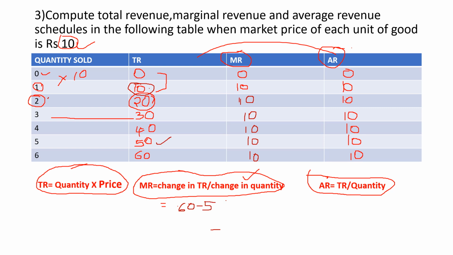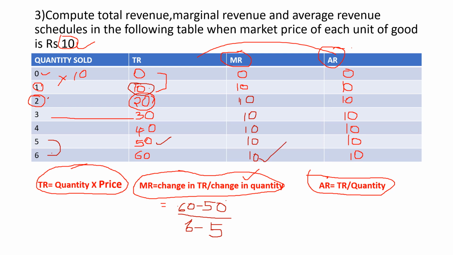Right? So 60 minus 50, divided by change in quantity. How much is the quantity? Now it is 6 in this column, and before that it was 5. 6 minus 5. If you calculate this also, you are going to get 10 only. 60 minus 50 is definitely 10, divided by 6 minus 5 which is 1. So the answer is 10. Everywhere your answer will be 10.